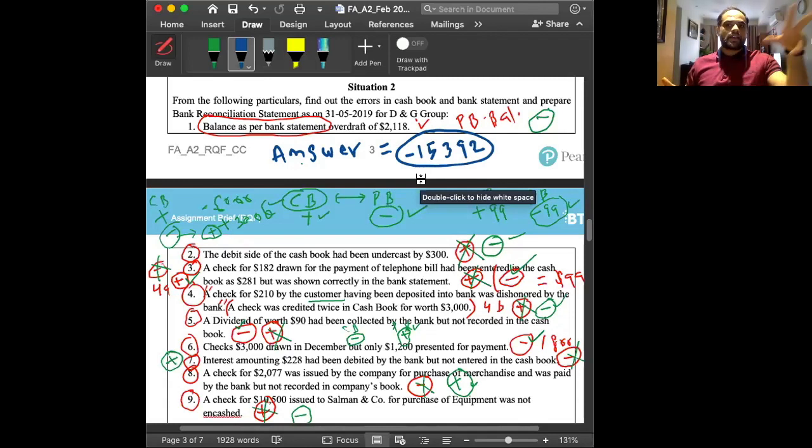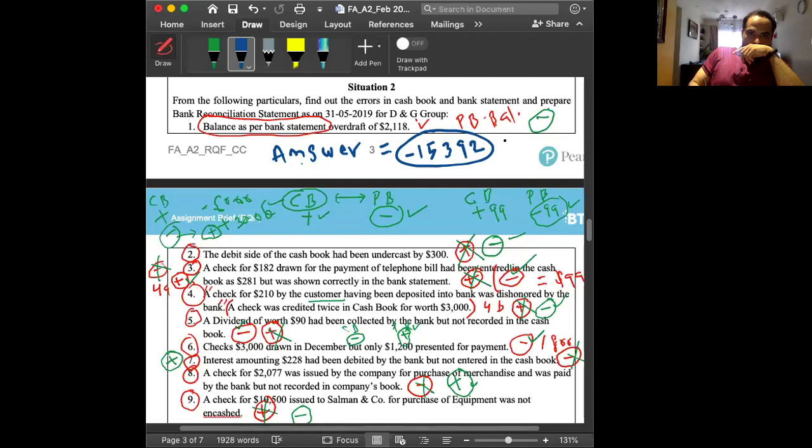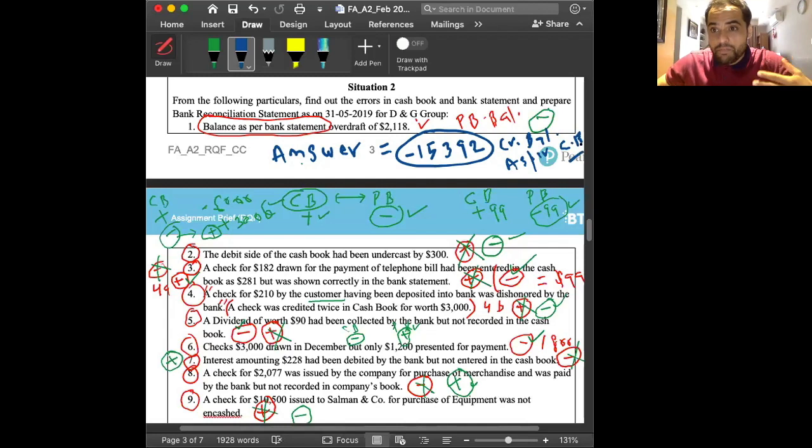The negative side means credit balance as per cash book. Or you can say overdraft balance of the cash book, but I suggest saying credit balance as per cash book. So that's all about situation two. Situation two is finished.